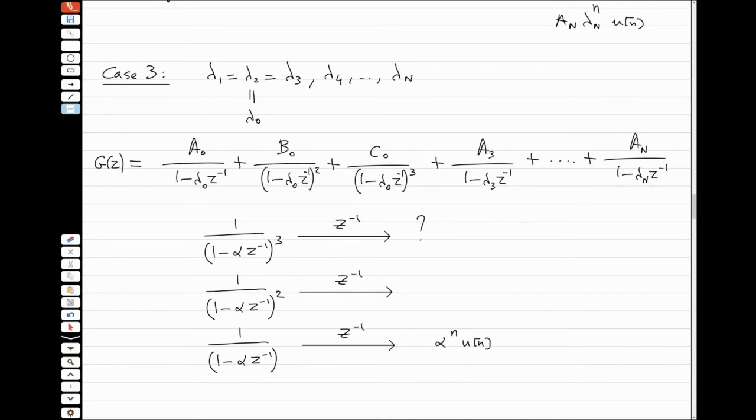When there's a second power, you get n plus 1 alpha to the n, u of n. But just for fun, could you guess what is here? Can somebody propose answers? Khalid, yes. I think it's going to be n plus 1 times n plus 2 times n plus 1 times alpha power n u of n.